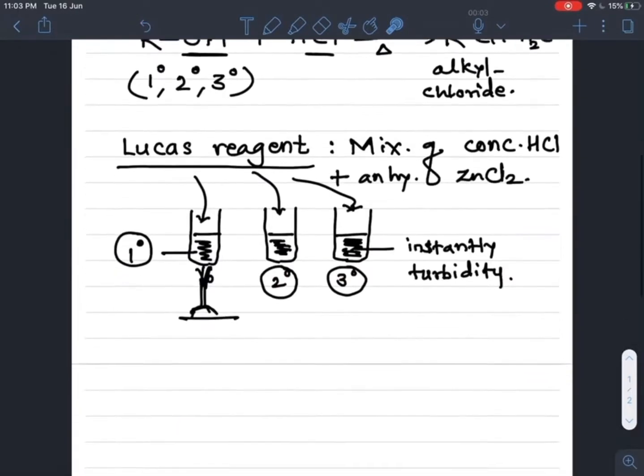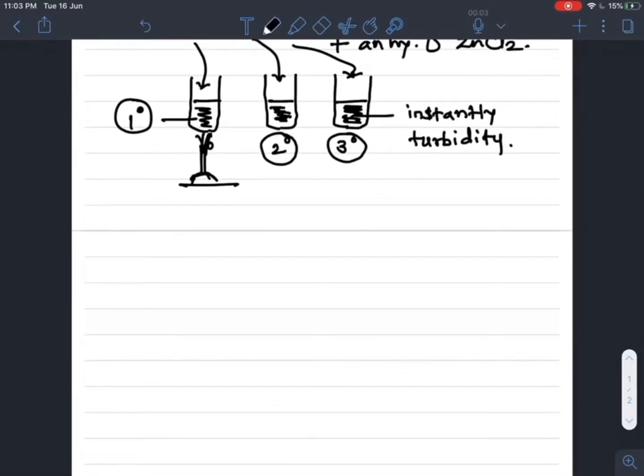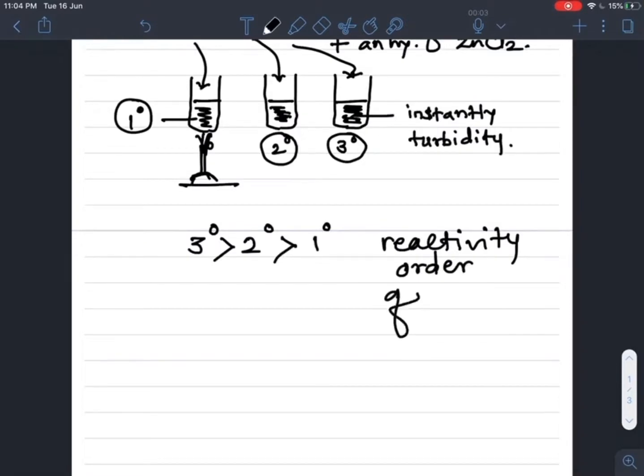Now, in these alcohols, the order of reactivity is that tertiary alcohols are more reactive than secondary, which are more reactive than primary, in the case of the bond breaking between carbon and oxygen.